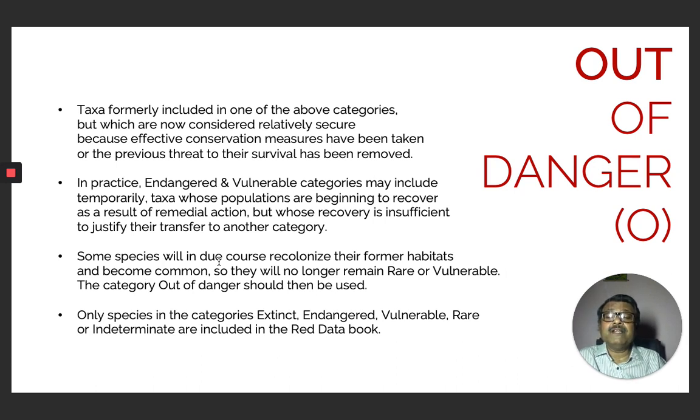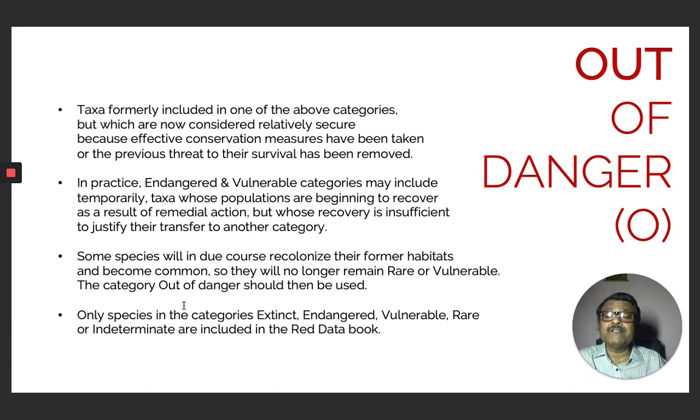Some species will in due course recolonize. Some species were initially in a category of threat, but now they have recolonized into new habitats and become common. So they no longer remain in the threat category; they come out of the category of threat to rare or vulnerable.